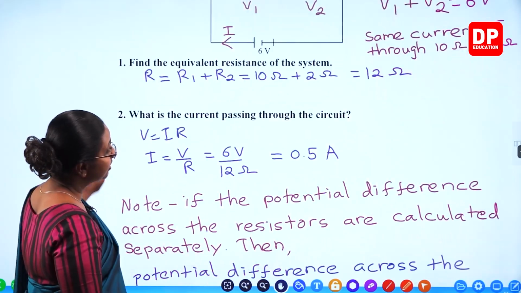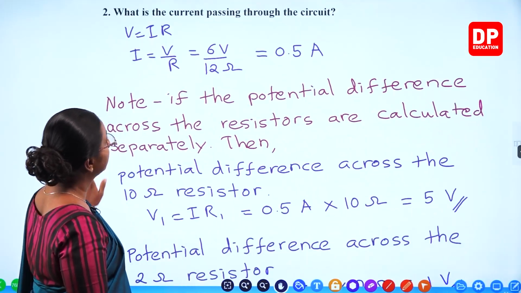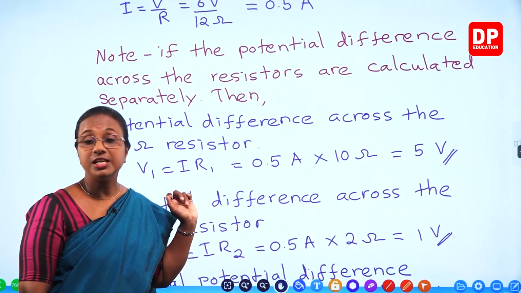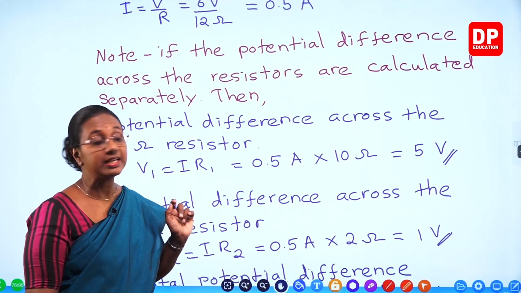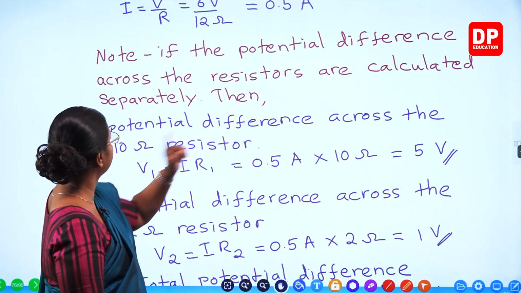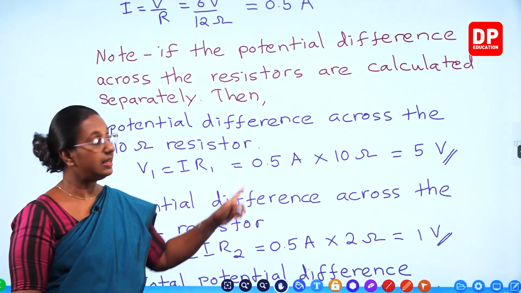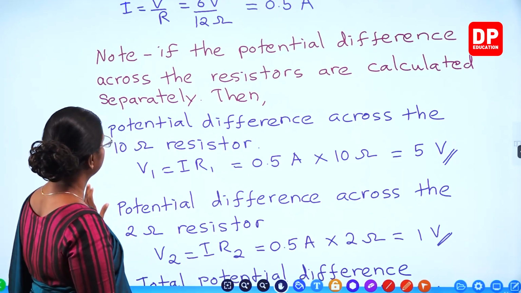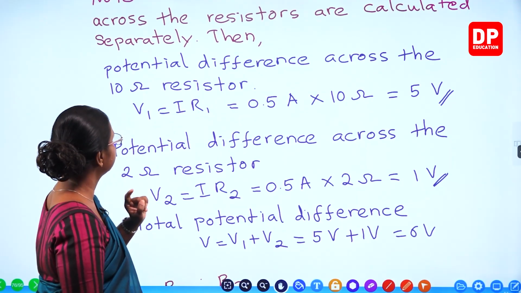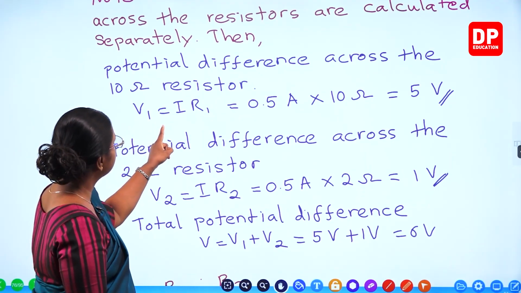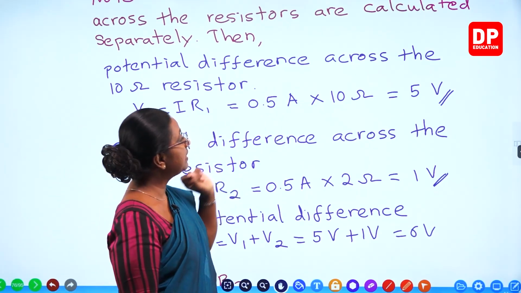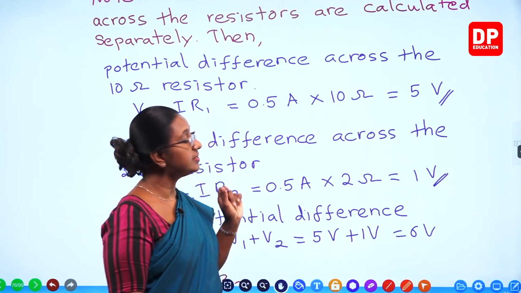Then as an additional note, I showed you all how to calculate the potential difference across the two different resistors. If the potential difference across the resistors are calculated separately, then you will have this calculation. Potential difference across the 10 ohm resistor will be equal to V1, that is equal to I into R1. 0.5 amperes current and 10 ohm resistor.